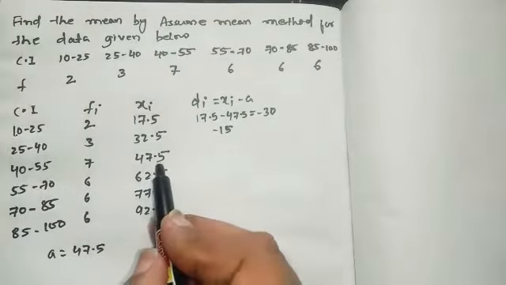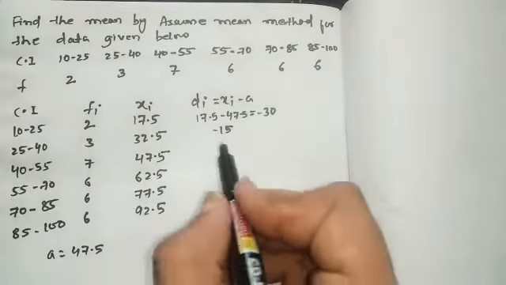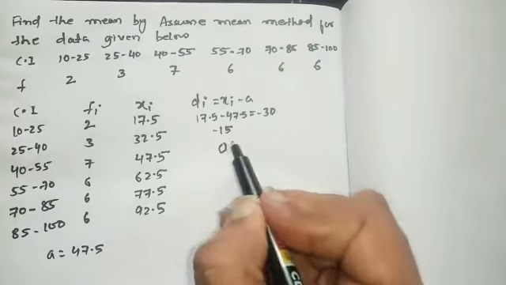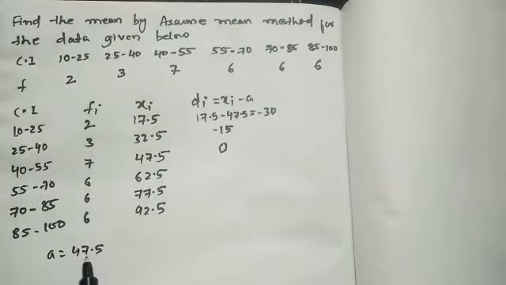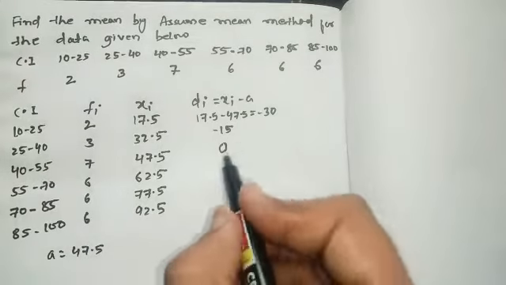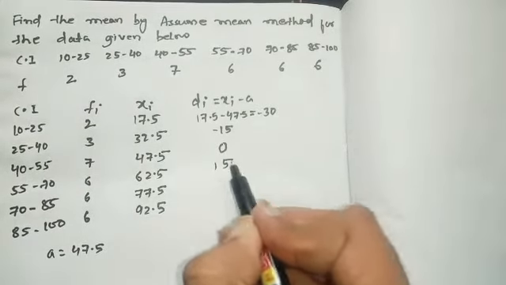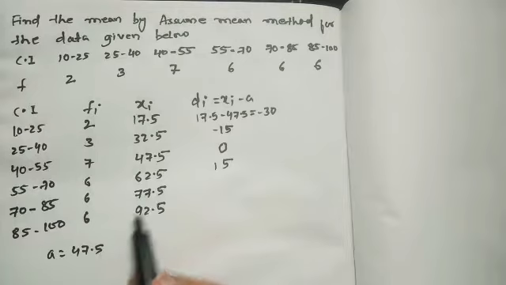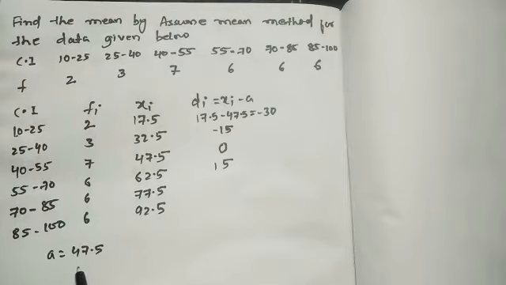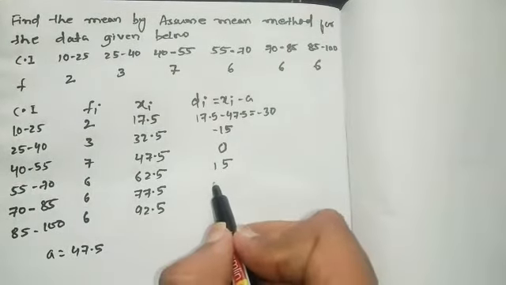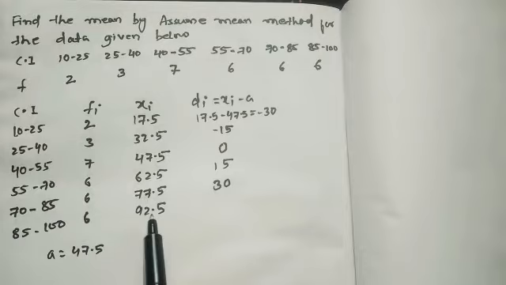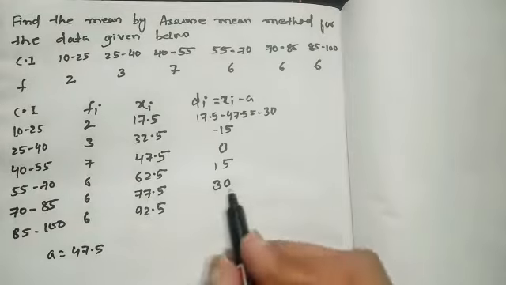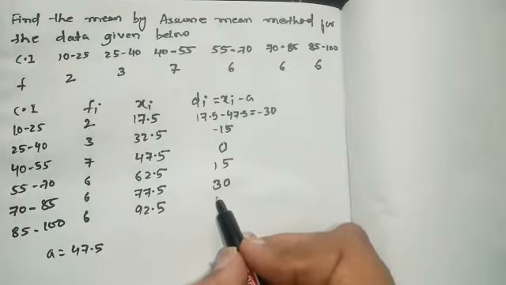Then 47.5 minus 47.5 is 0. 62.5 minus 47.5 will give you 15. 77.5 minus 47.5 will give you 30. 92.5 minus 47.5 will give you 45.